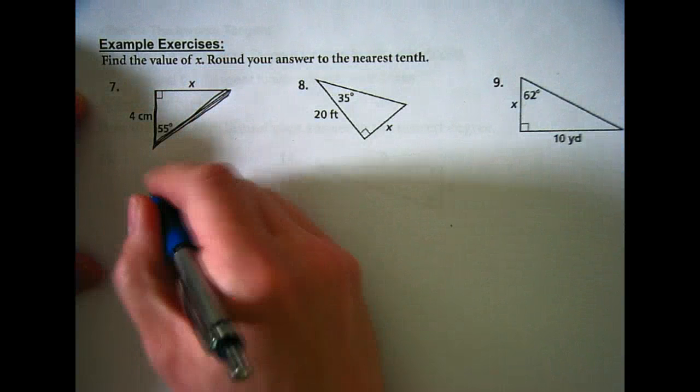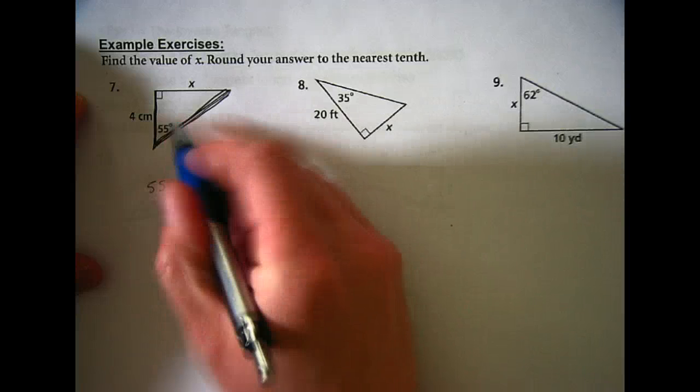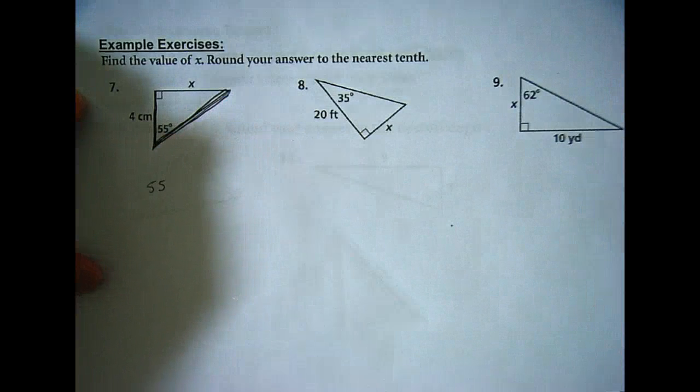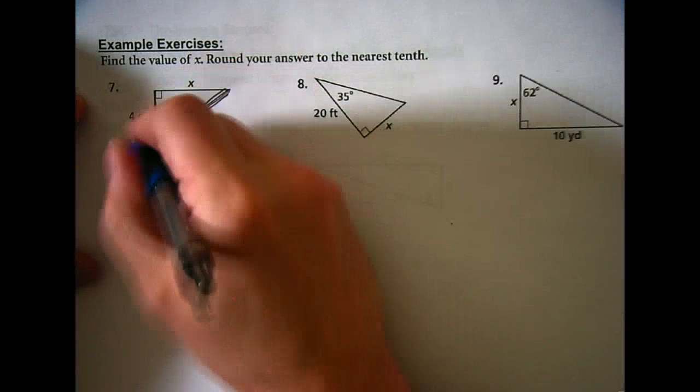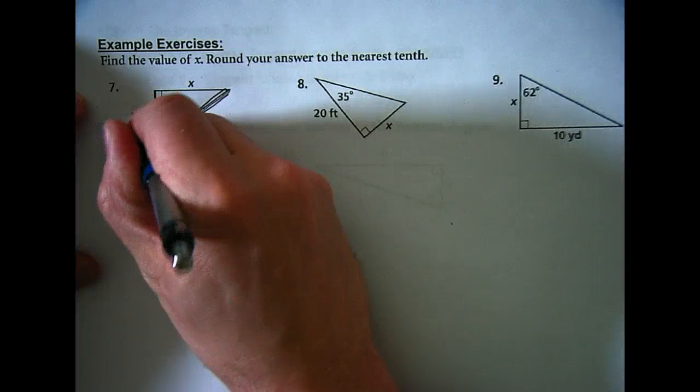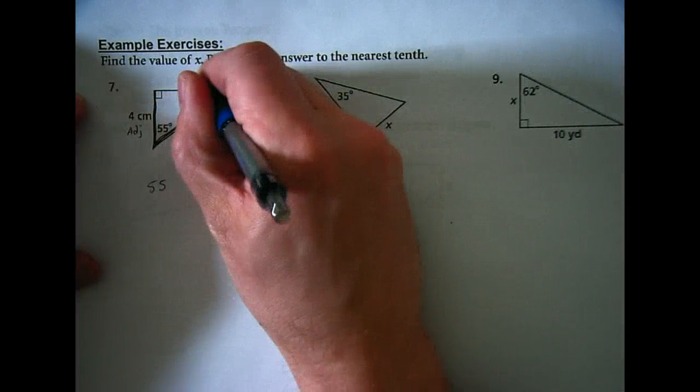So when I have my 55, I'm dealing with 4 and x. 4 is adjacent to that, and x is our opposite.